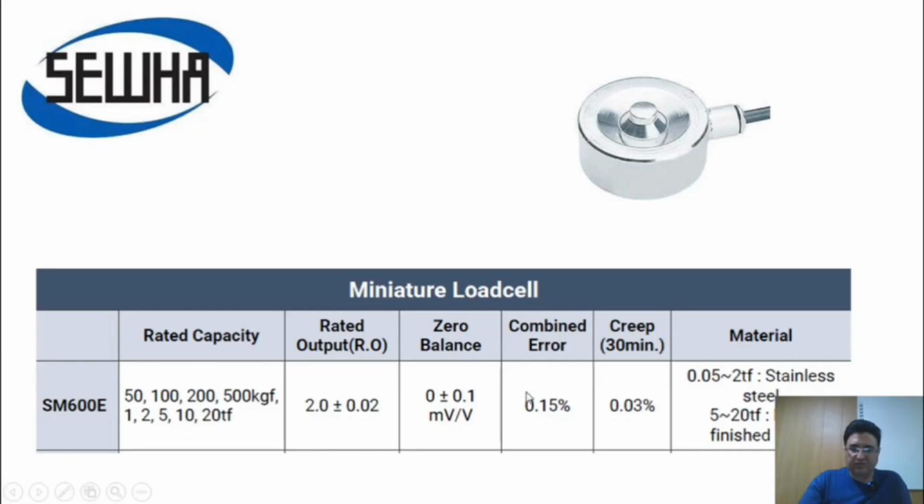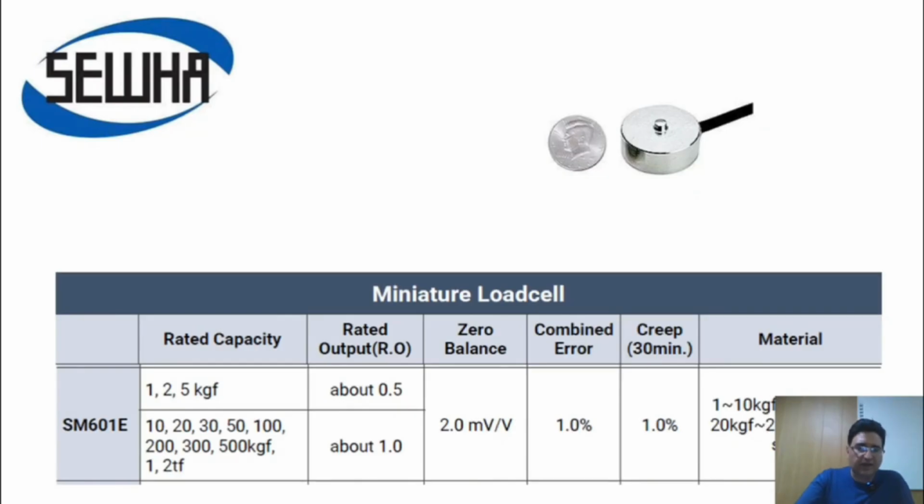The combined error of these load cells is a remarkably low 0.15%, and from the 50 kilogram to 2 ton capacities, they are made of durable stainless steel, while from 5 tons up to 20 tons, they are instead constructed from painted iron.